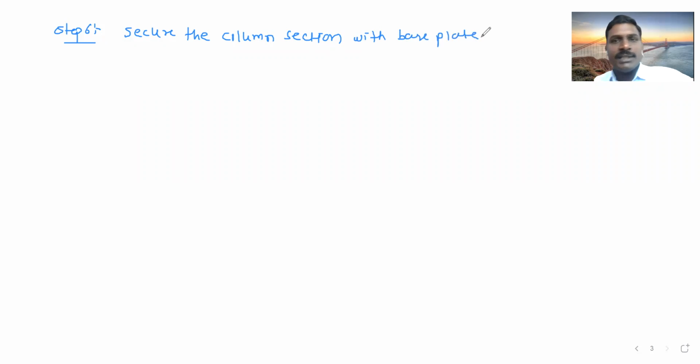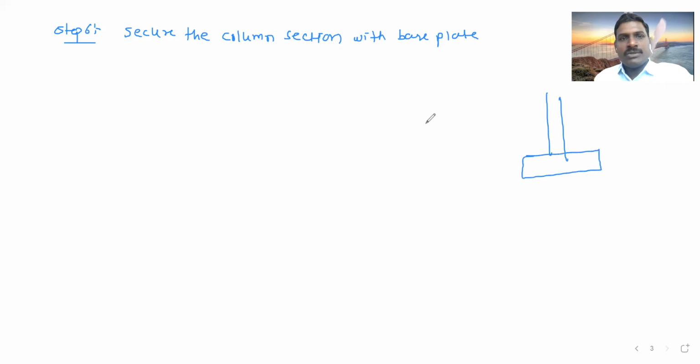What is the meaning of this sentence? This is the column section, this is the plate. Secure the column with base plate means the connection between the two should stay secure. That is the meaning.